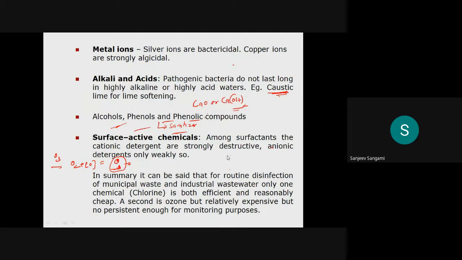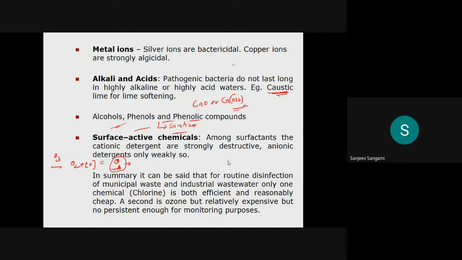Alkalis and acids also act as disinfectants, as do alcohols, phenols, and phenolic compounds. Even if you see some of the sanitizers that contain alcohol, you can understand that alcohols act as disinfectants.